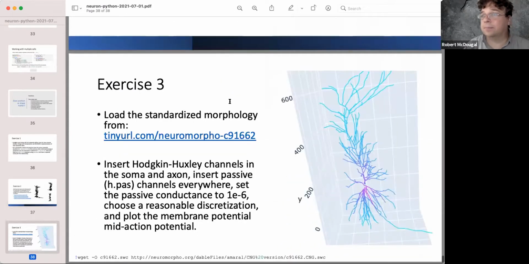And in exercise 3, we actually simulated a cell with morphology starting from the SWC. In the process of this, we also talked about the d lambda rule a little bit, which is a principled way of giving at least an initial guess as to what you think is an appropriate choice of discretization.